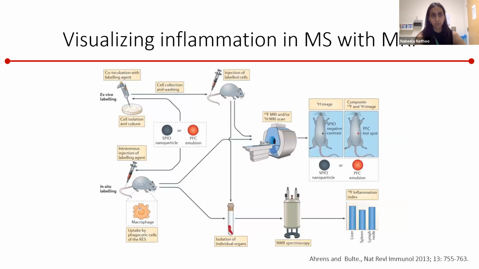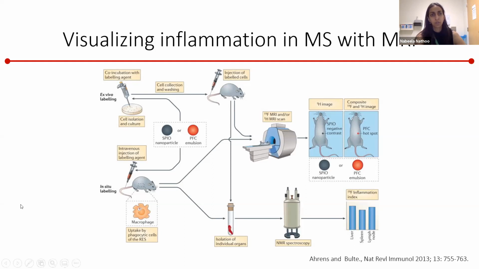So thankfully in animals, we can do a lot more than just giving the contrast agent IV. The bottommost image will show you the way that it was done in the human study in the previous slide. You can just give these ultra small particles of iron oxide IV, and then they're taken up by phagocytic cells, some of which, the macrophages, end up in the CNS, and you can look at those.